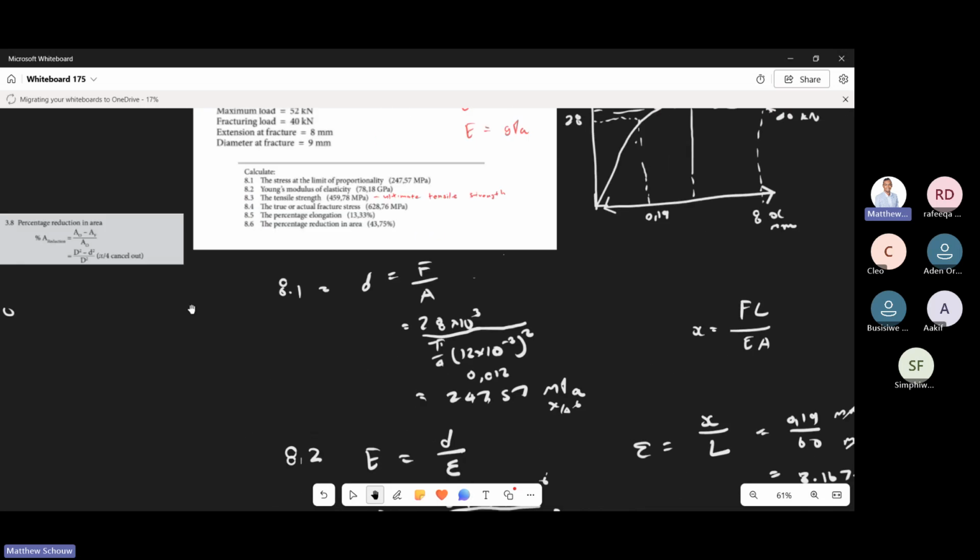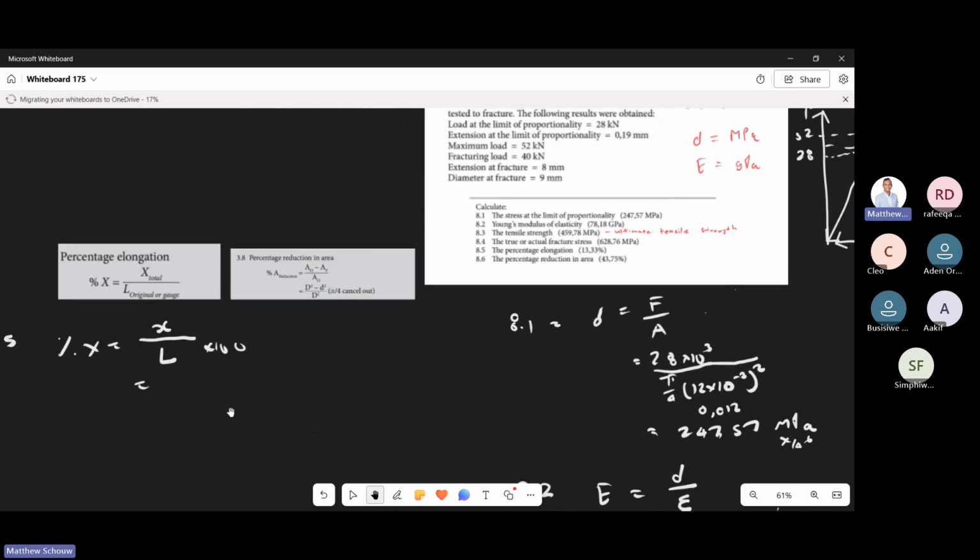So to find the percentage elongation, you take the extension of 8, divided by the original, which was 60, and you multiply by 100. And you just get your answer. Is that all? That's all, guys. So just quickly get that answer. 13.33%. Perfect. That's a percent value. I think we all can easily do that.